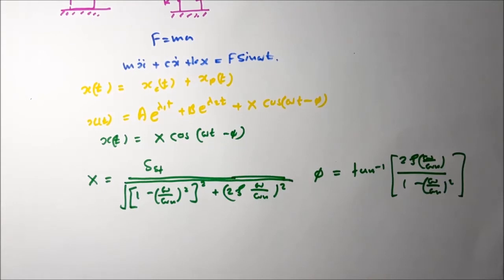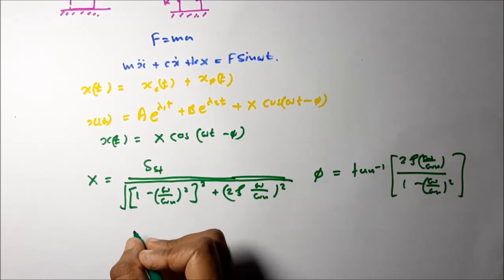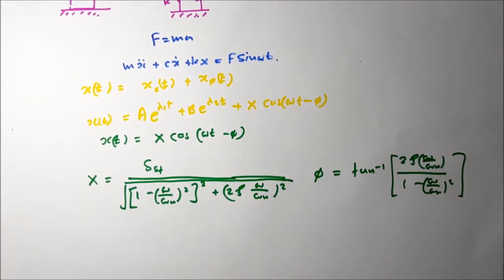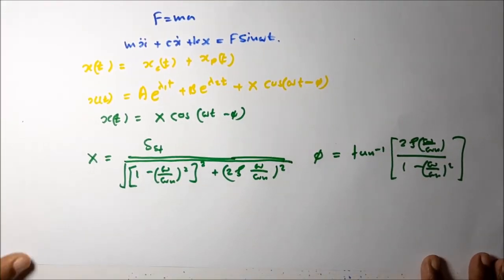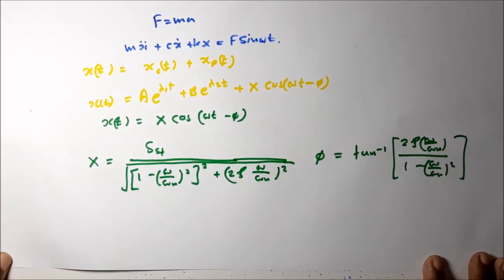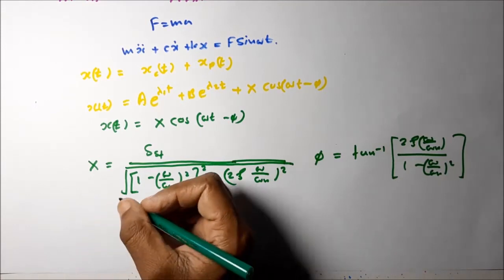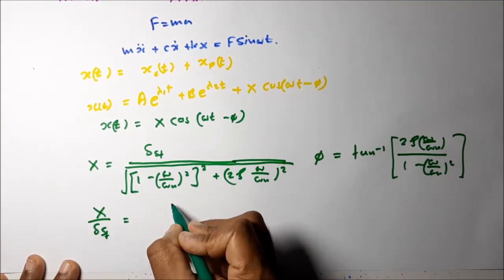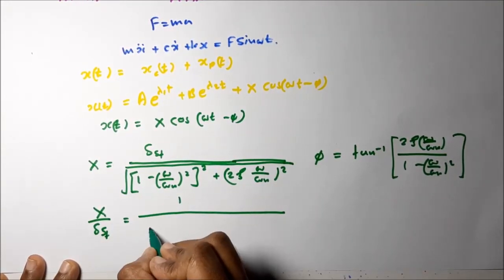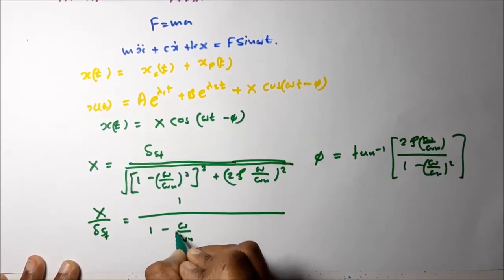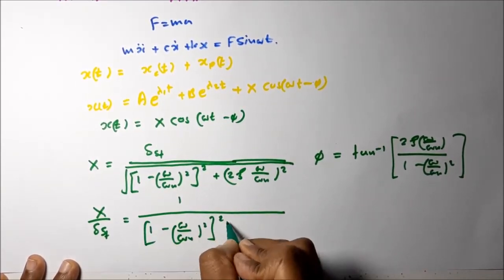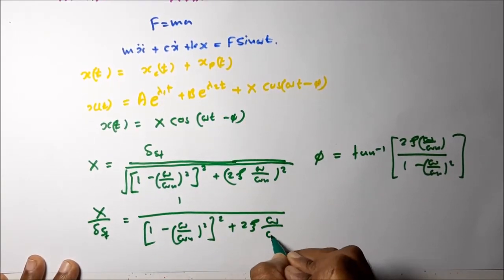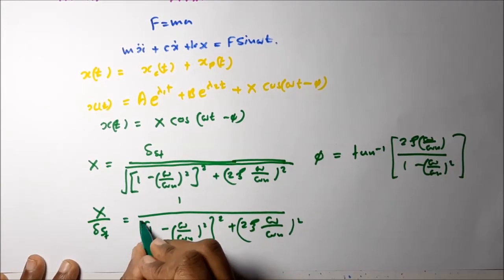Then we obtain the amplitude ratio by dividing X by delta st. The amplitude ratio X divided by delta st equals 1 divided by the square root of (1 minus (omega divided by omega n) squared) squared plus (2 zeta omega divided by omega n) squared.